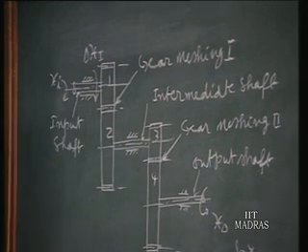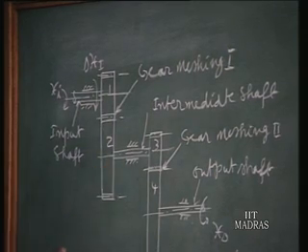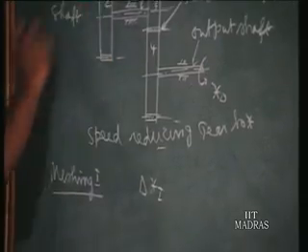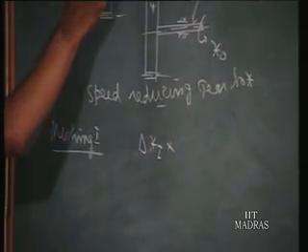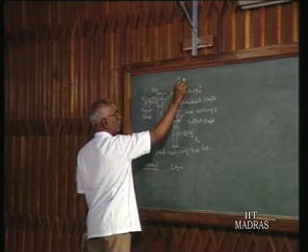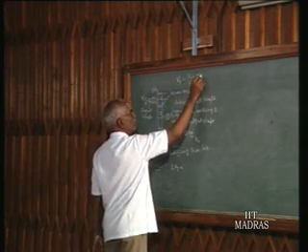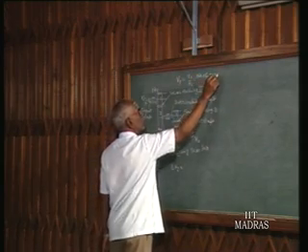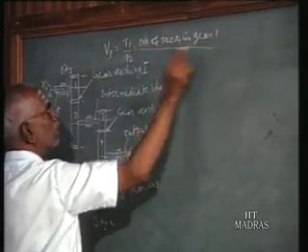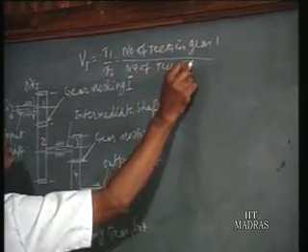And that much play in the input shaft, at the intermediate shaft, the play will be equal to delta x1 into the velocity ratio. Velocity ratio V1 is equal to T1 by T2, where T is the number of teeth in gear 1 divided by number of teeth in gear 2.